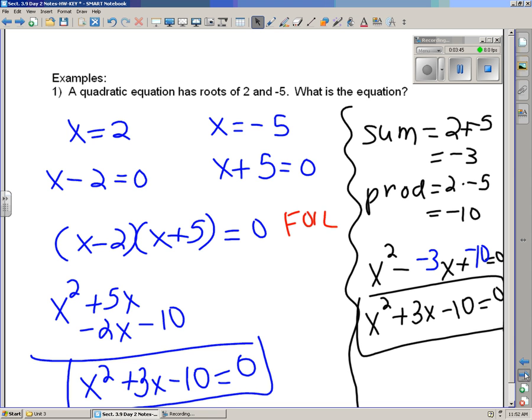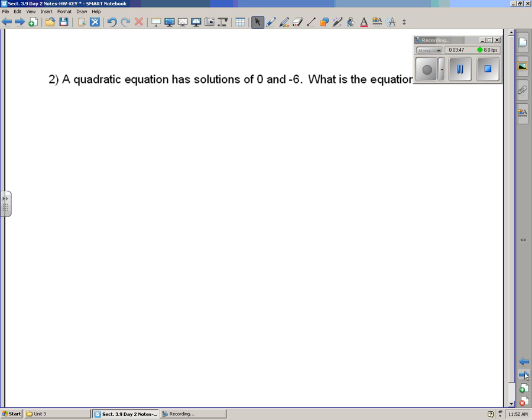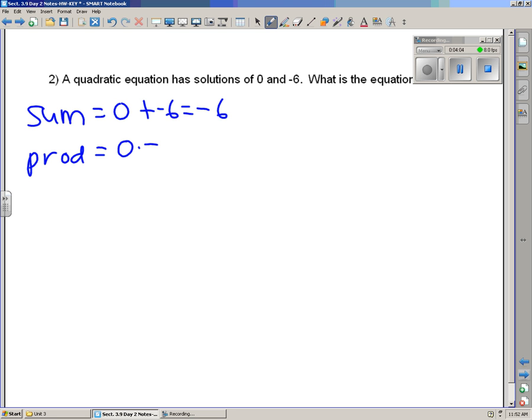Here's the next example. Solutions of 0 and negative 6, just like having the roots. What's the equation? I will do it the sum and product way first. The sum of the roots, if you add the roots together, you get negative 6. The product of the roots, if you multiply them together, you get 0.